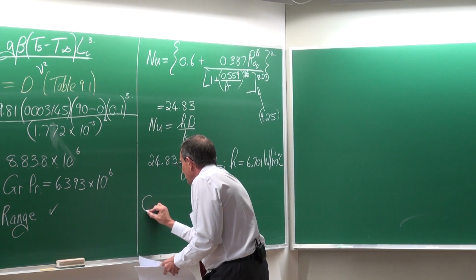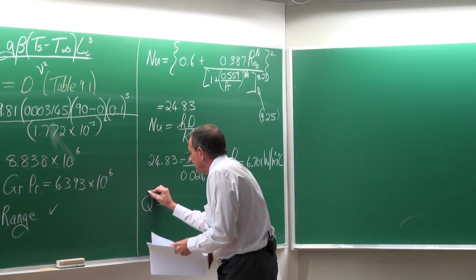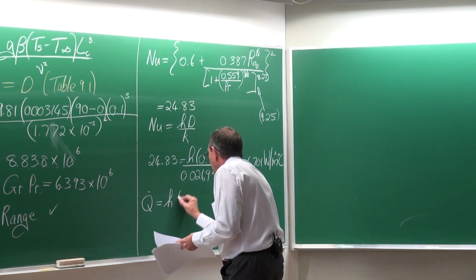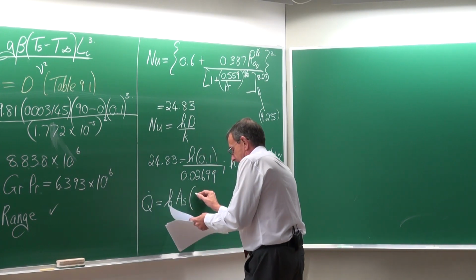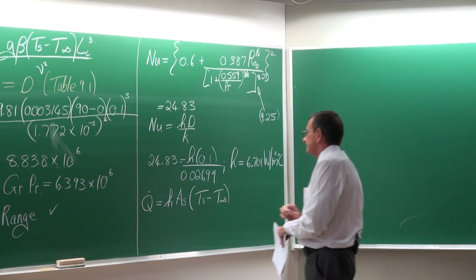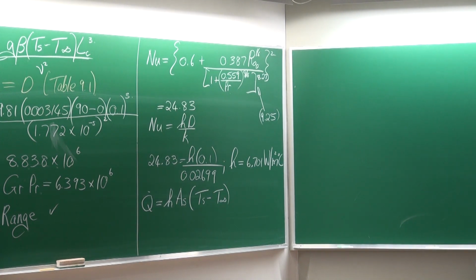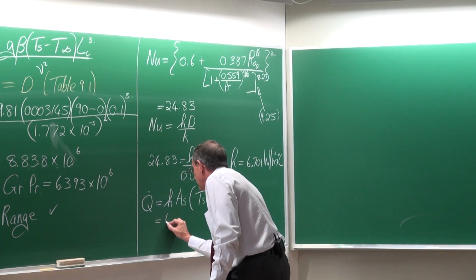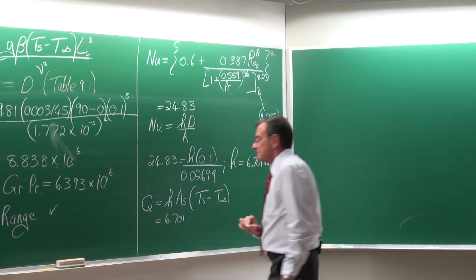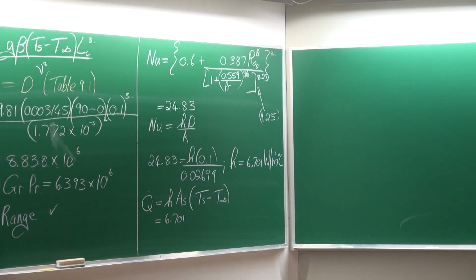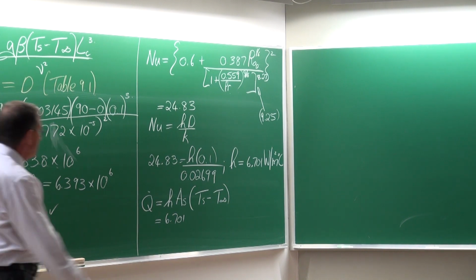Right, now we can determine the heat transfer rate. The heat transfer rate is equal to the heat transfer coefficient multiplied by the surface area multiplied by Ts minus T infinite. The heat transfer coefficient is equal to 6.701. The surface area is the surface area through which the heat transfer occurs, so it's this outside surface area.